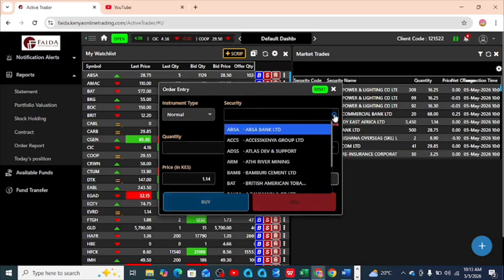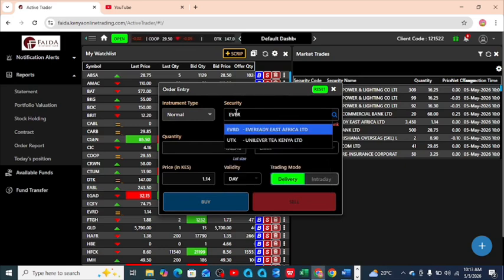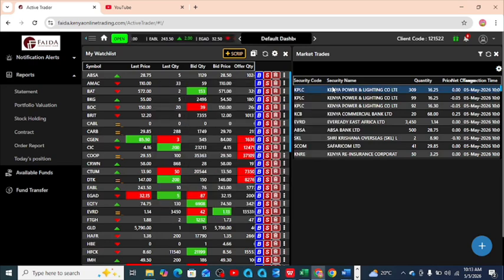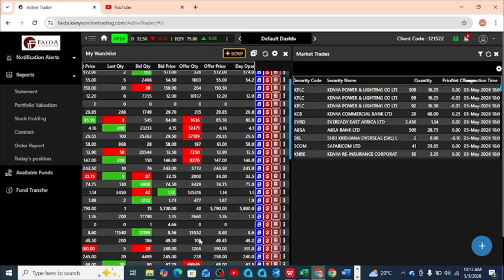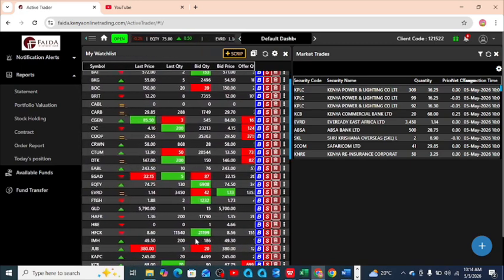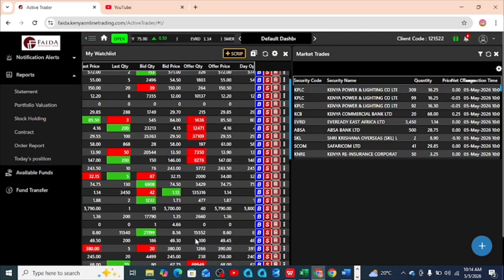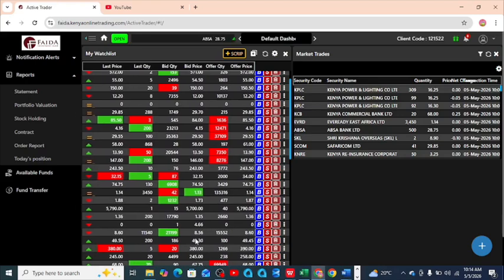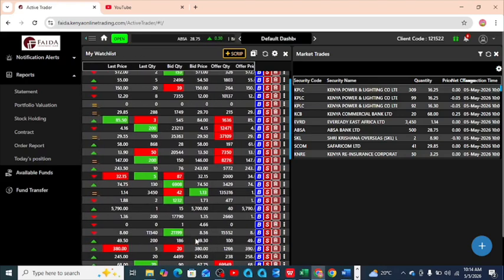So this is Everready East African Limited. You can notice that the offer price for Everready is 1.4, but the bid price, what people are bidding, is 1.13.